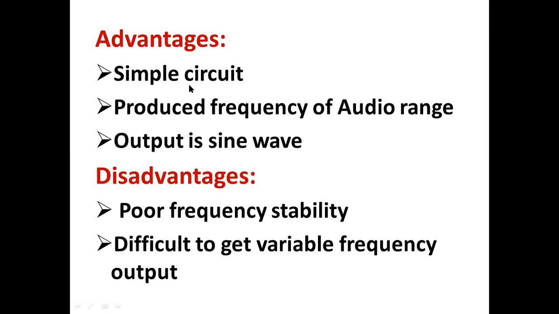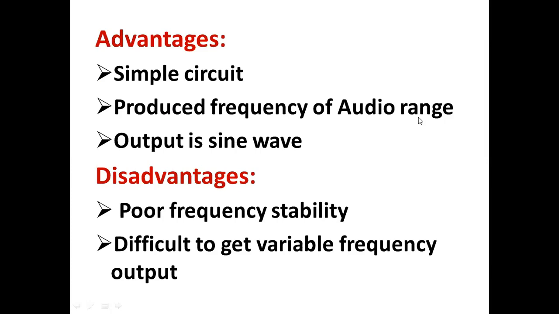Then RC oscillators produce low frequency signals which are in the range of audio frequency. Therefore, the oscillator is used to provide frequency of audio range, and it provides output of sine wave only.